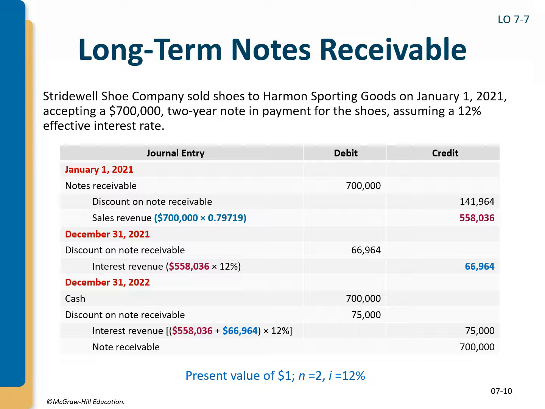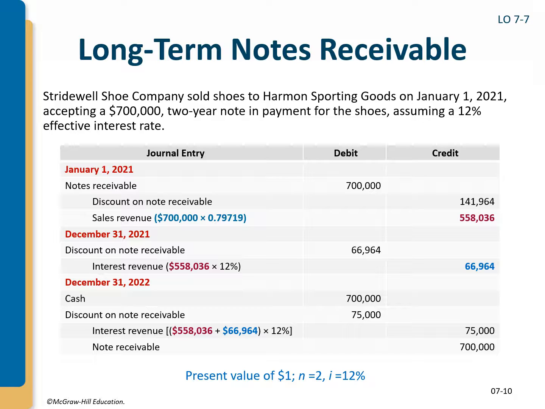Well, 700,000, the face value of the note receivable, minus 75,000, the carrying value of the note receivable is 625,000 as of the beginning of 2022. Multiply that by 12%. The interest revenue for the year is 75,000, and it will be because that's the remaining balance in the discount on note receivable.